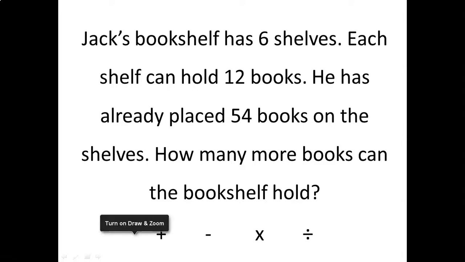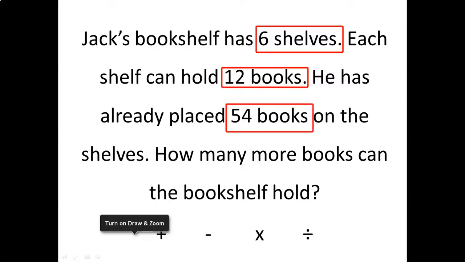All right, so let's take a look at the word problem together. It says that Jack has 6 shelves. On each shelf, it'll hold 12 books. And he's already placed 54 books on the shelves. Another word that I'm noticing that's really important is the word each.